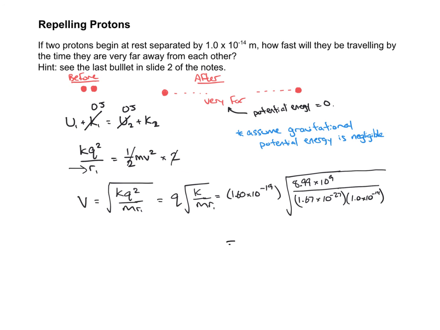Okay, so that's all going in the calculator. I'm going to get a speed out of this, and I'm really hoping that this is less than the speed of light. So let's see.